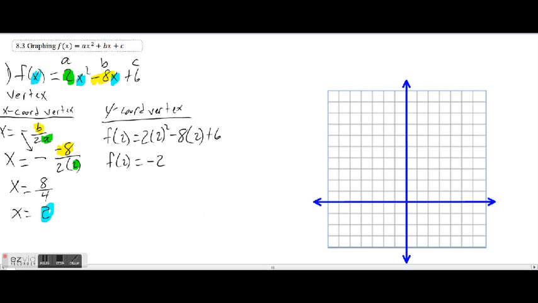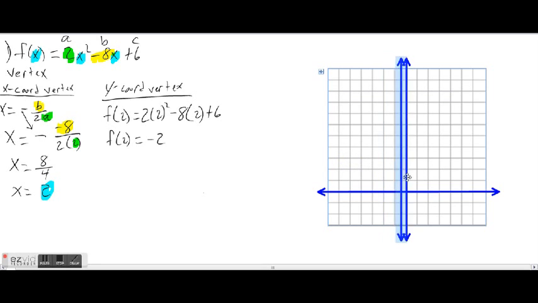When we're graphing, figure out in your mind what this graph is going to look like, just so that you can adjust these axes. You can move the axis up and down, left and right, whatever you need to do.